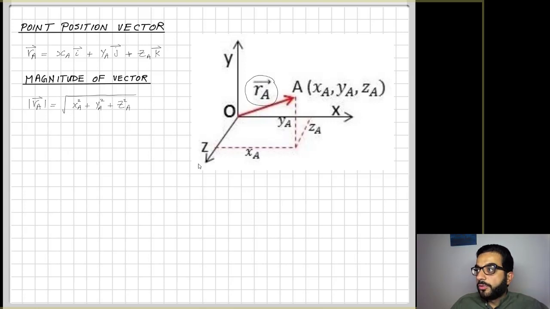Here, as we're dealing with a position vector of a point, those are basically the coordinates of the point. The magnitude of this vector, which I can also write as the length OA, is the length between the origin and the point. So I can write it as the magnitude of the R_A vector, or just the length of OA.